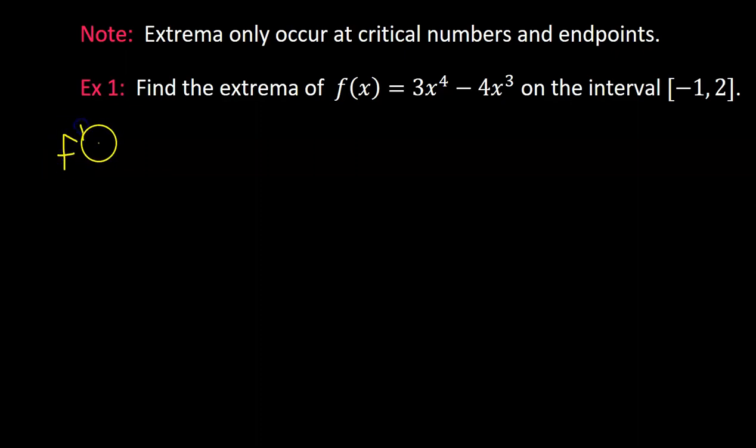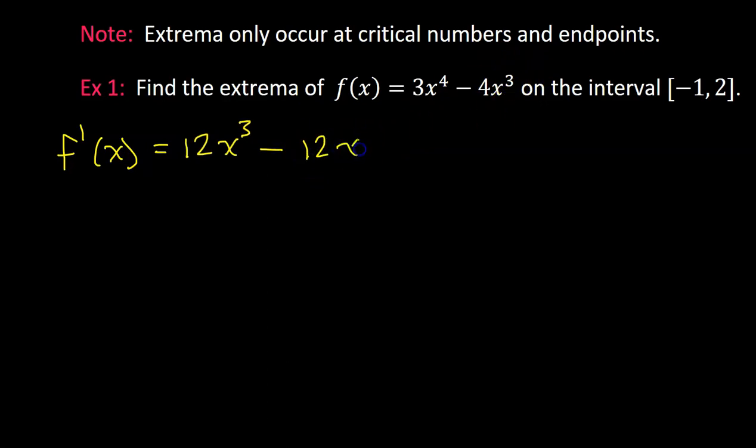So let's find f prime of x. Of course, we're just going to use the power rule. So 4 times 3 is 12. And then we'll reduce by 1. So that'll be 12x to the 3rd power. And then 3 times 4 is 12.